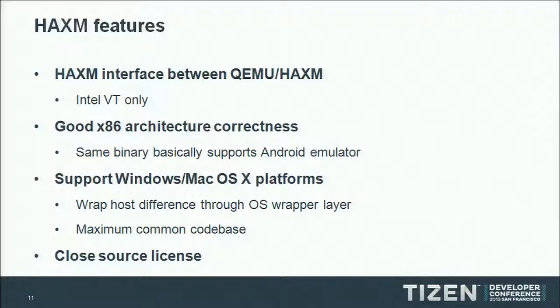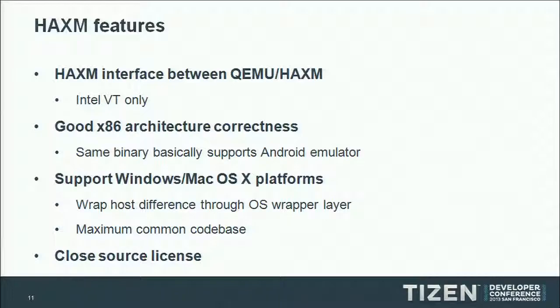HAXM also has good x86 architecture correctness. For example, the same binary built for the Tizen emulator can successfully boot an Android emulator as well, although the Android platform is very different from the Tizen platform. HAXM supports both the Windows and the Mac platforms.